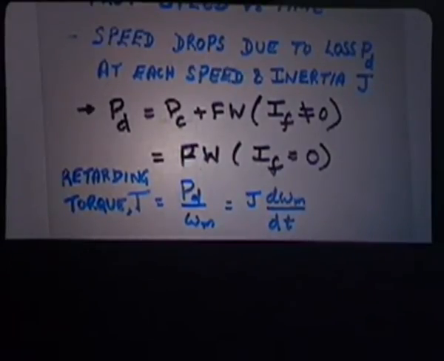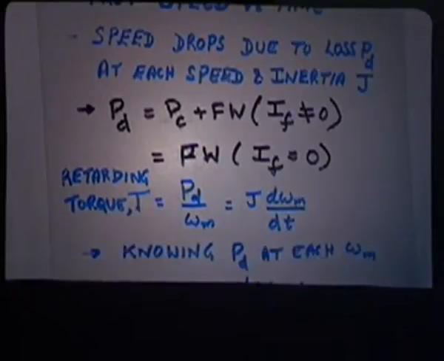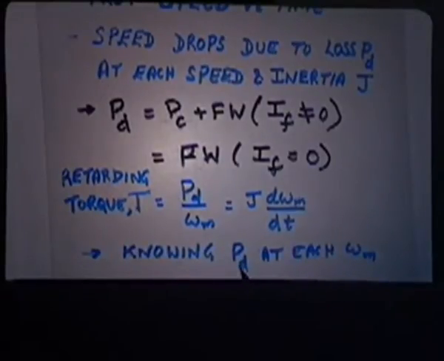Now if you know already the power loss with time by some other method, we know that we can run it at a given speed. At each speed you can find out PD by a separate method.